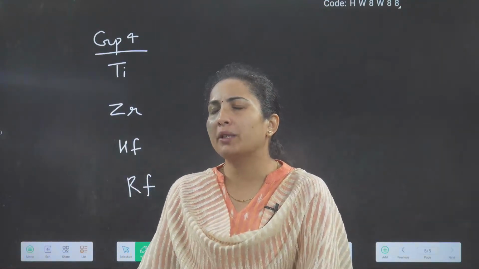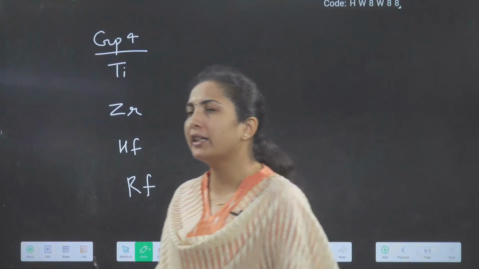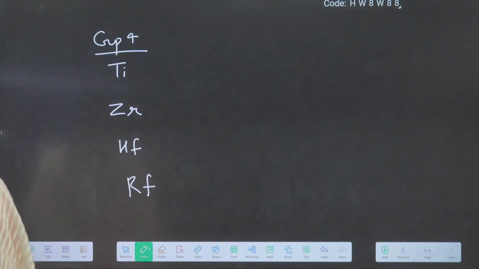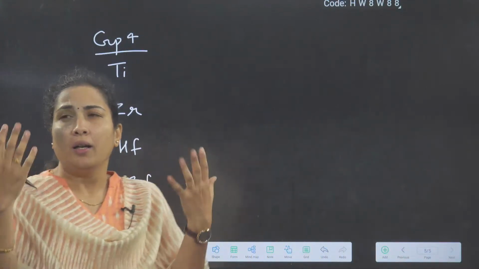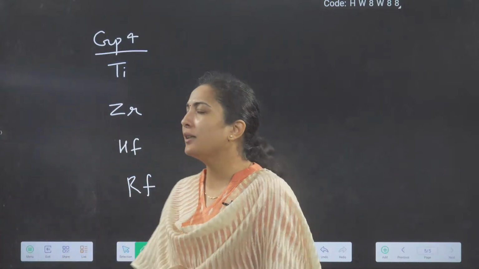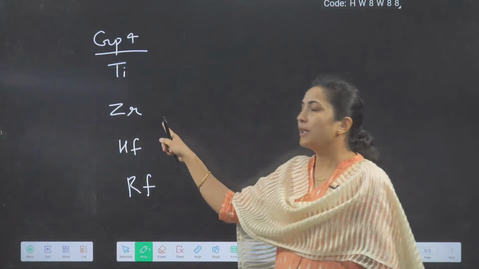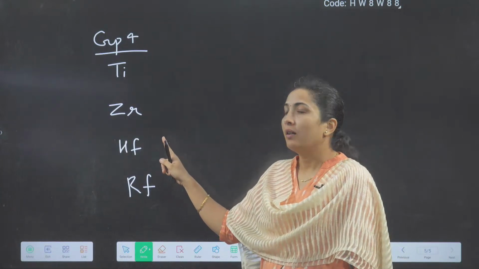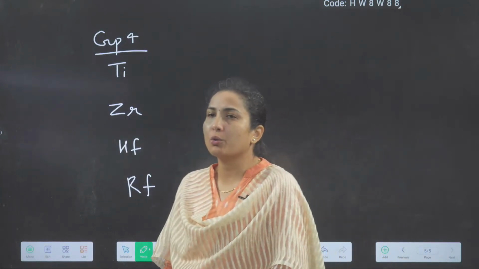Fine, Lucky, that is good, beta. If you have remembered like that, I'm not asking anybody to change the mnemonic. If you know some better mnemonic or one which you have already memorized in your mind, that's absolutely fine. Titanium, and then you have here zirconium, then hafnium, and Rf is for rutherfordium.